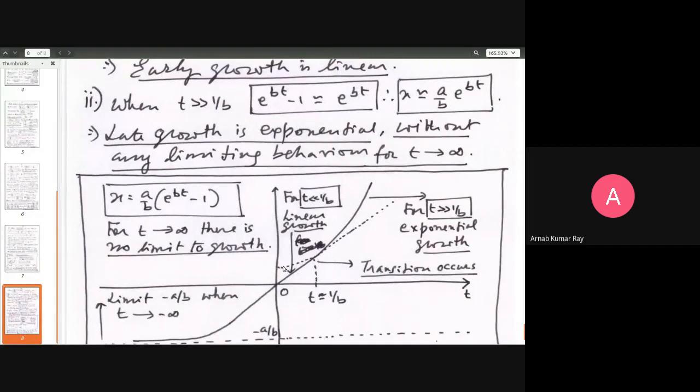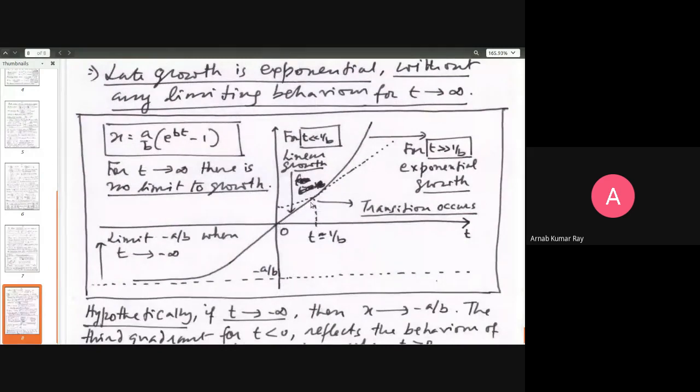I have also drawn some dotted lines. This dotted line joined with this smooth curve would be completely exponential growth. This dotted straight track joined with this would have given you a completely linear growth. But the reality is that it's partly linear as given by this continuous line, and then partly exponential.